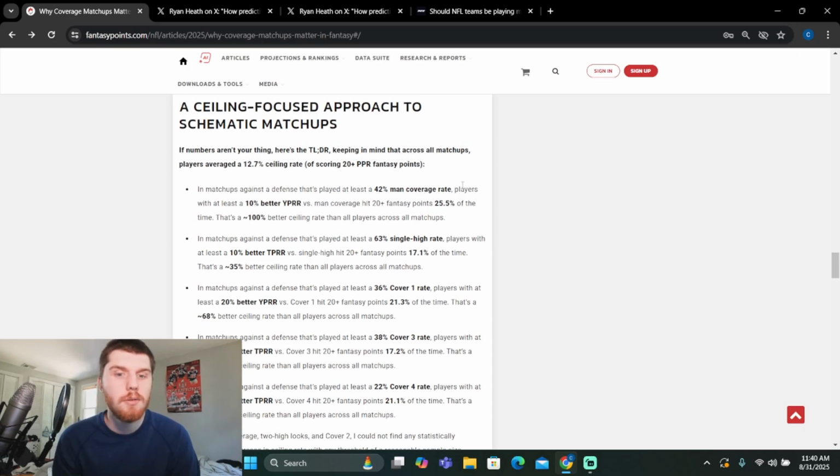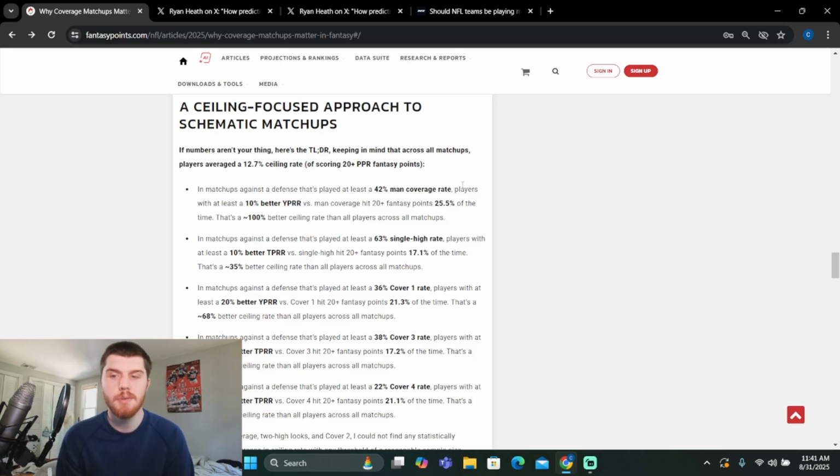This actually shows that there is some effective analysis to be had with matchups, right? But what I've always been a little concerned about here is the rate of man coverage and zone coverage, single high, two high. I don't know how stable that is on a week to week basis.